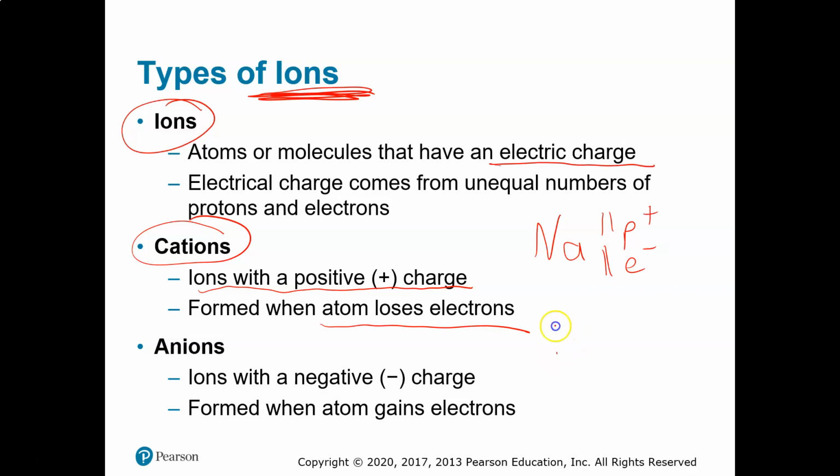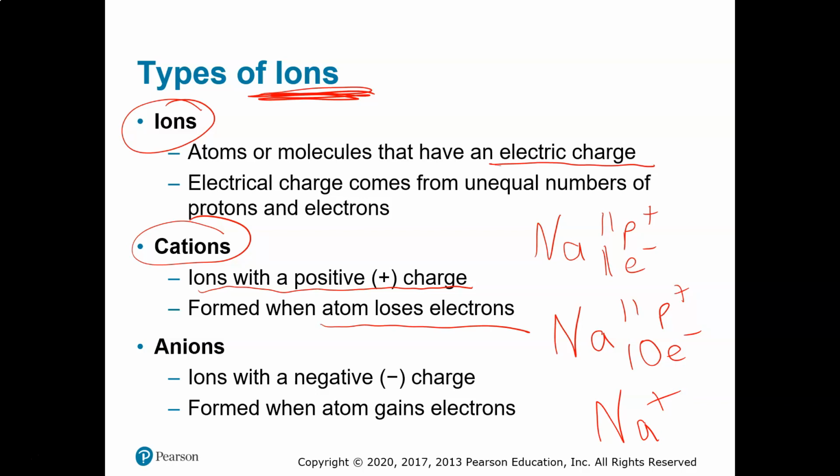So sodium will end up with 11 protons, 11 positive charges, and 10 electrons because it does tend to lose one electron in order to become chemically stable. And that will give it an extra positive charge. So the way that we write that is Na, that's the symbol for sodium, and then we just put a plus because it has a positive charge.